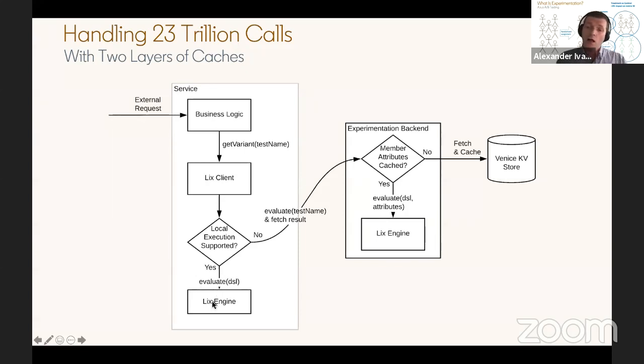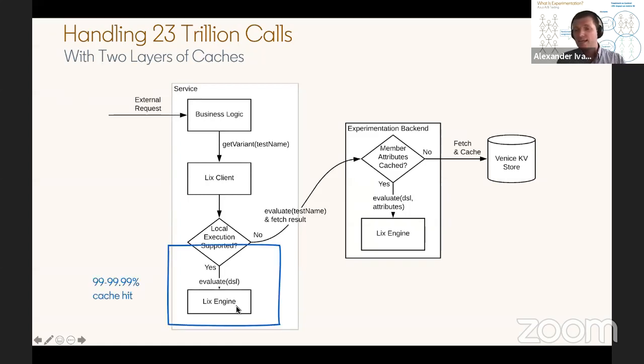If all the data is present and all the properties required for evaluation are provided, or the data is cached in memory, then the experimentation engine handles the evaluation locally, and it serves the request in only a few microseconds of latency.